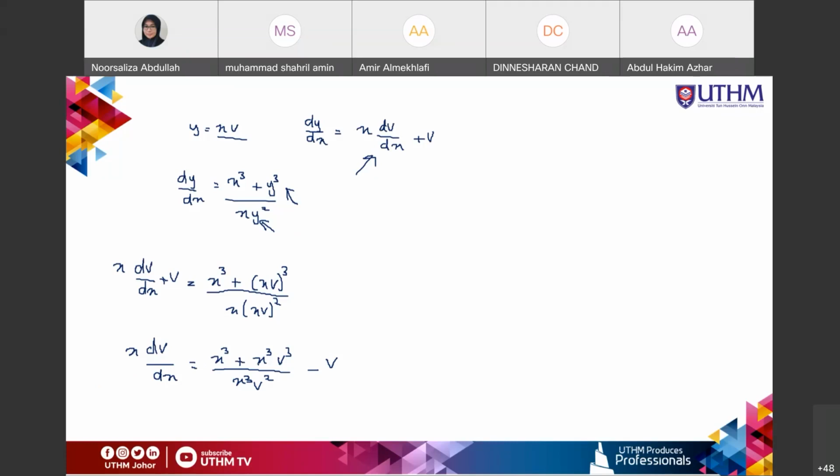Which part can we factorize? x power of 3. So x power of 3 times 1 plus v power of 3, divided by x power of 3, power of 2, minus v. Can this cancel? Okay.